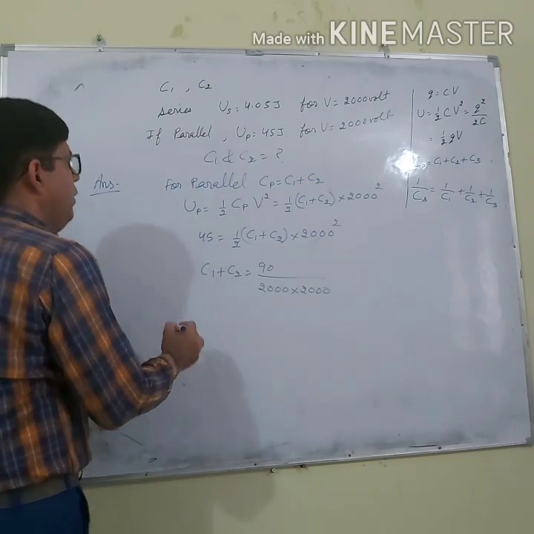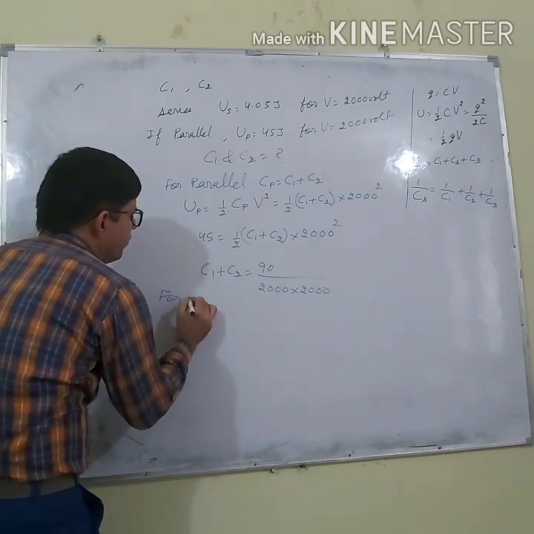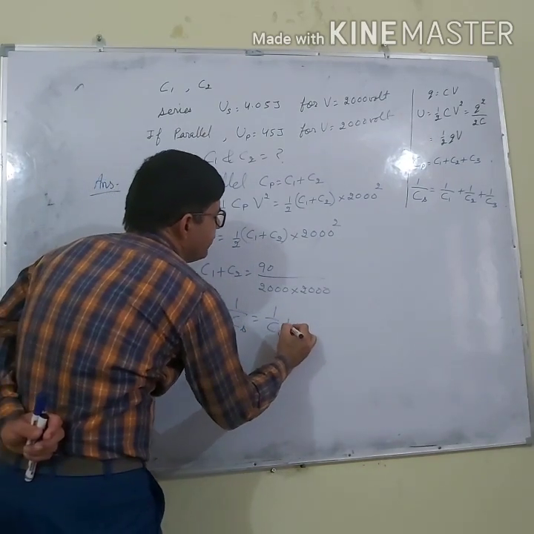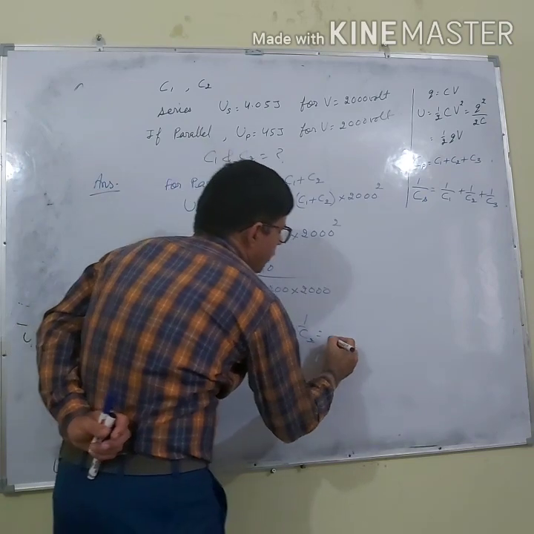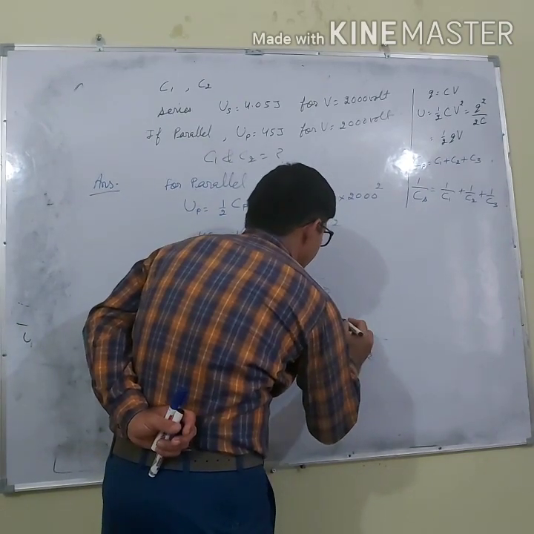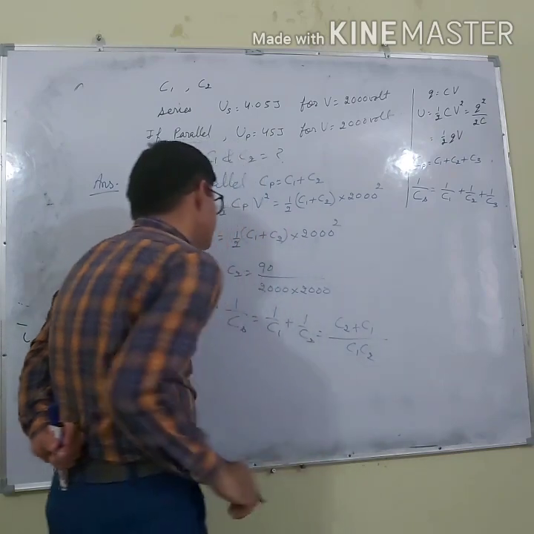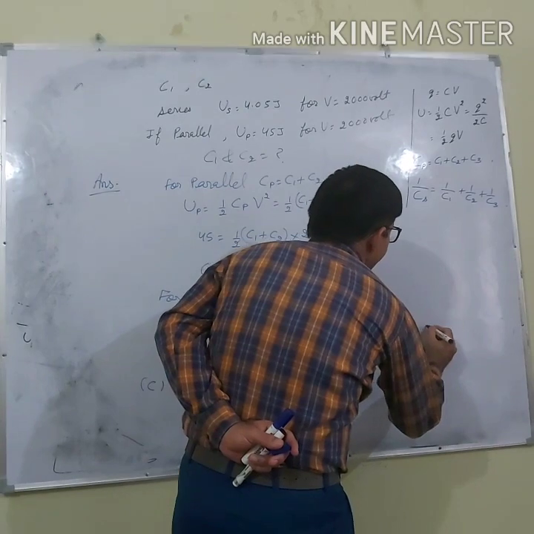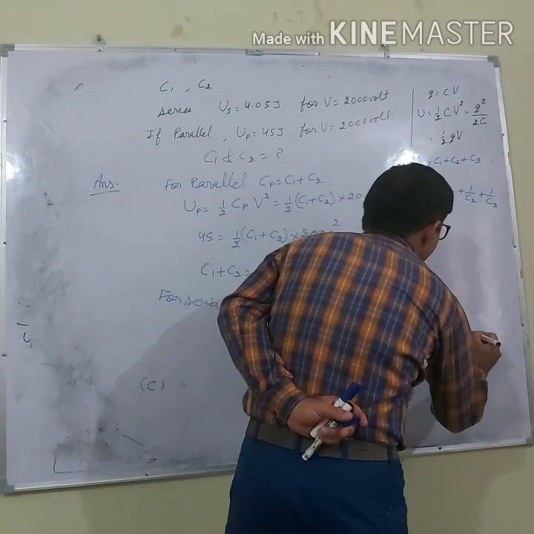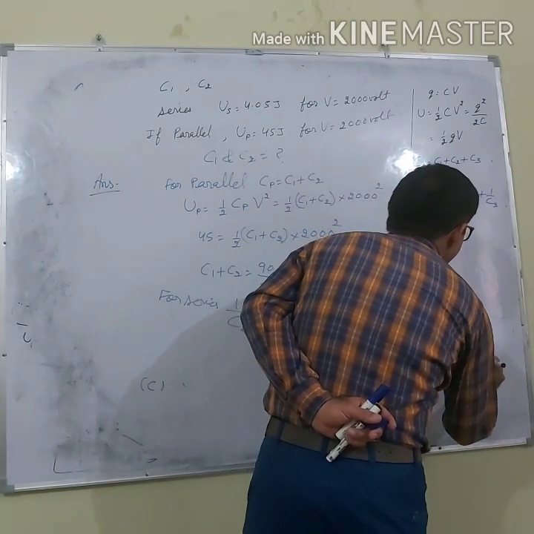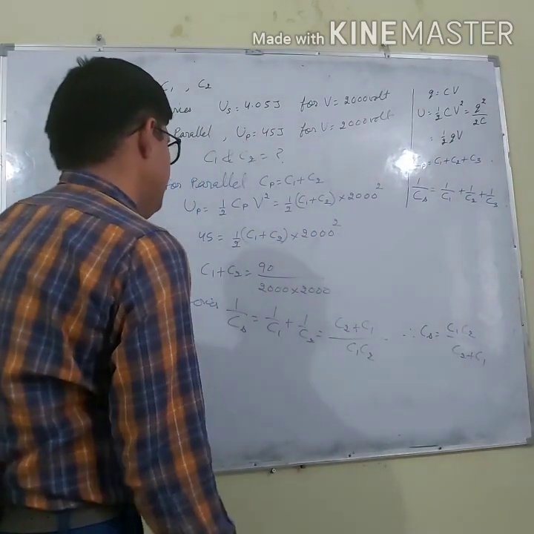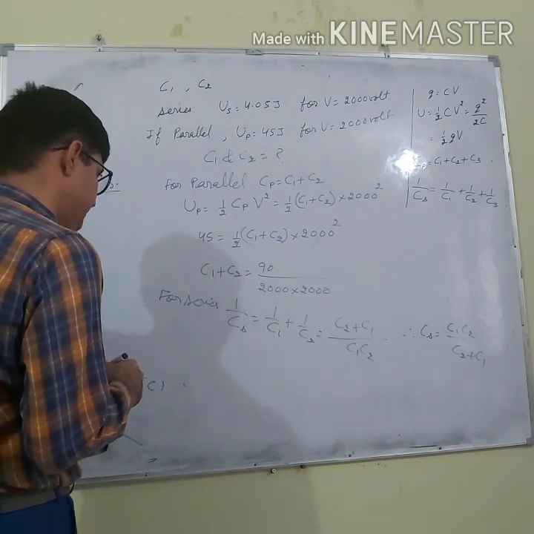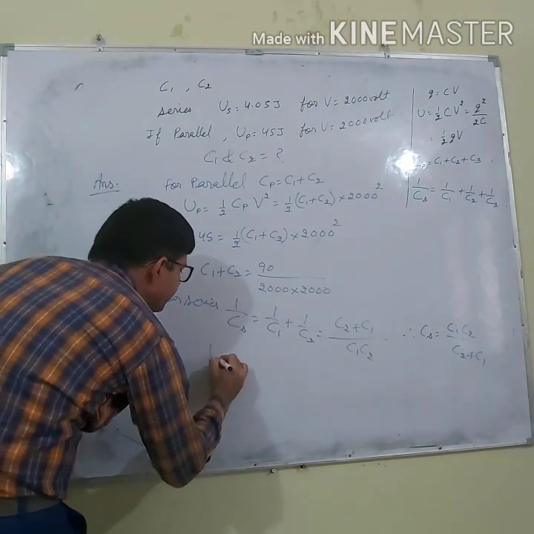Now for series, what is the capacity? Reciprocal: 1 by C1 plus 1 by C2. If you solve this, you get C1 C2 divided by C2 plus C1. So I can say the net capacity is C1 C2 divided by C2 plus C1. Now what is the potential energy?